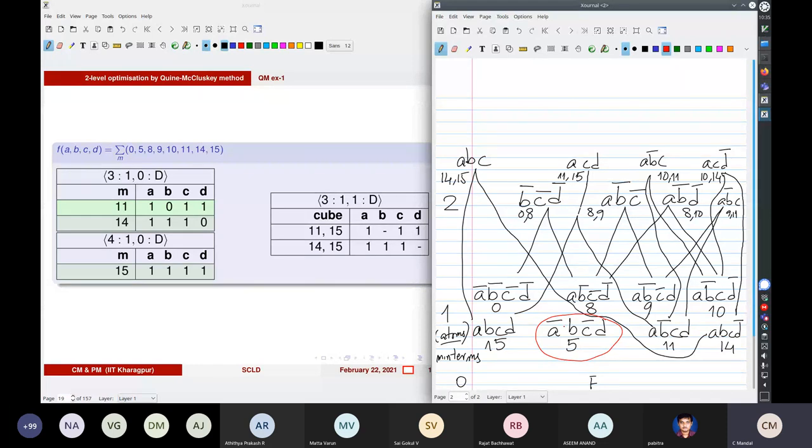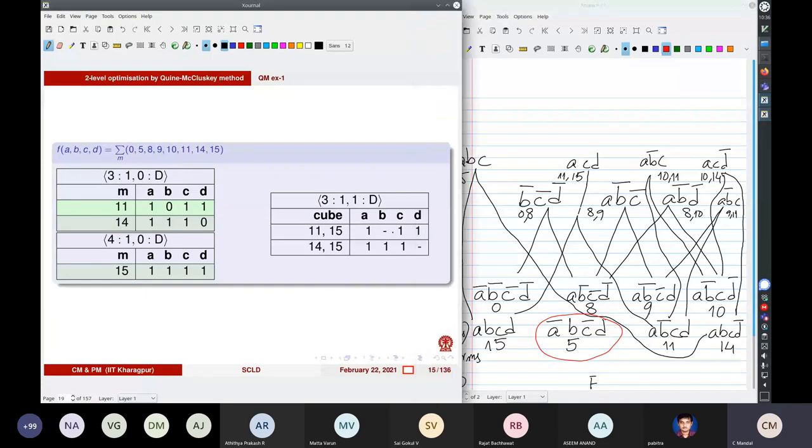But this one has been left behind. So in that sense, you can't really grow this cube anymore, because you haven't found any cube which is adjacent to this. So this one should be a prime cube or a prime implicant.